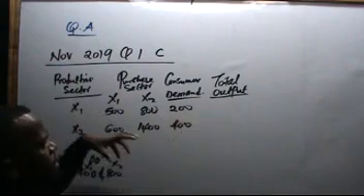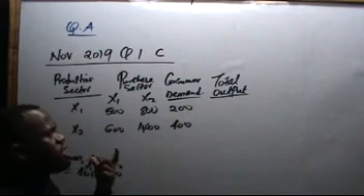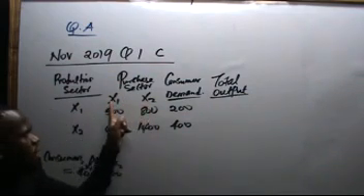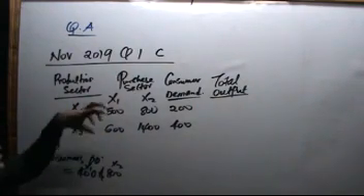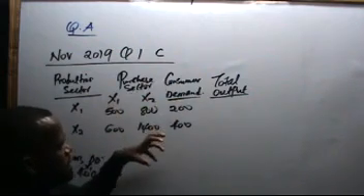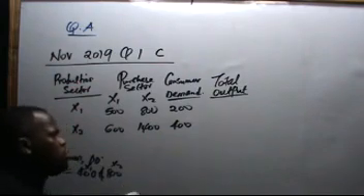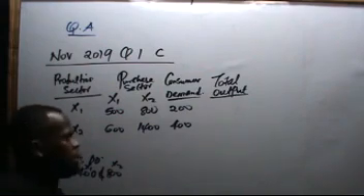The total output is a combination of the intermediate demand, which is the demand from the producing sectors, X1 and X2, plus the final demand. Final demand is the demand from the non-producing sectors, the final consumers, who make up the consumer's demand.